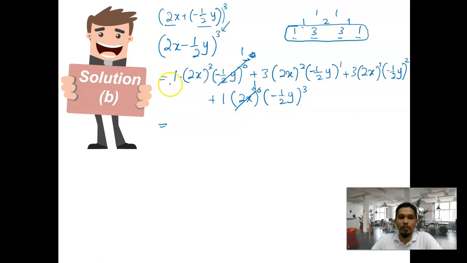So look at first, we use the coefficients 1, 3, 3, 1. Next, look at the first term here, 2x. It begins with 3, then reduce 1, becomes 2, 1, and 0. Then the next term here is negative 1/(2y).